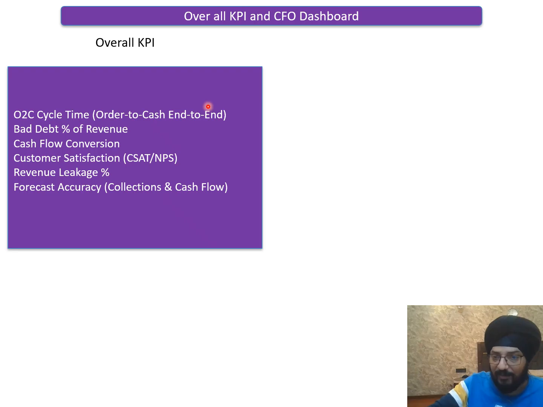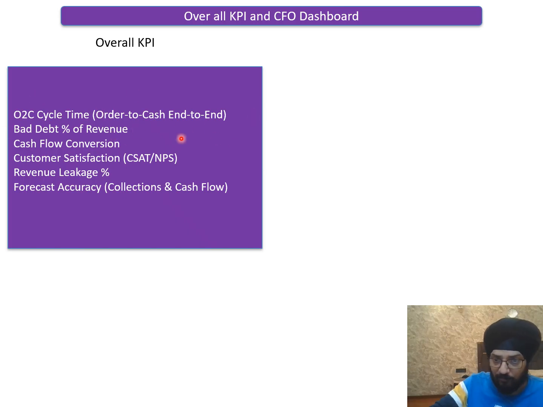But within each industry, each customer has this cycle available, and the global process owner should have clear visibility of that. Once they have benchmarked their O2C cycle, they can evaluate how it is being managed against that benchmark to confirm whether it is going in the right direction or not.